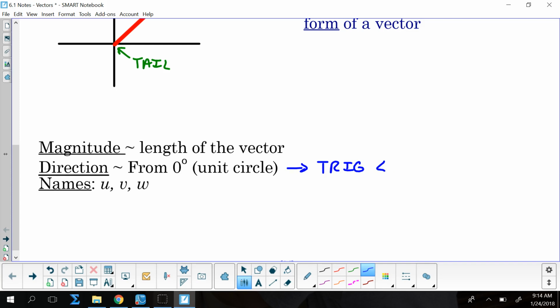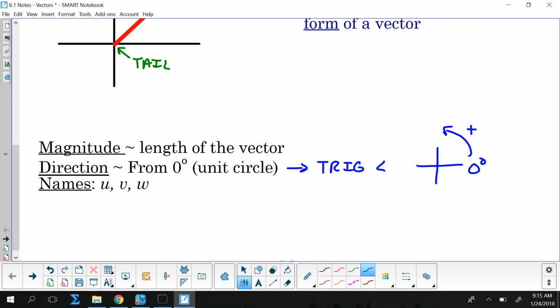So 0 is straight out to the right. Positive angles go counterclockwise. Negative angles, I said that wrong. Positive angles go counterclockwise. Negative angles go clockwise.